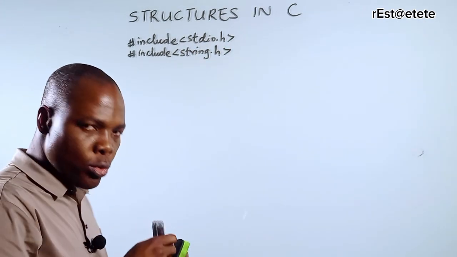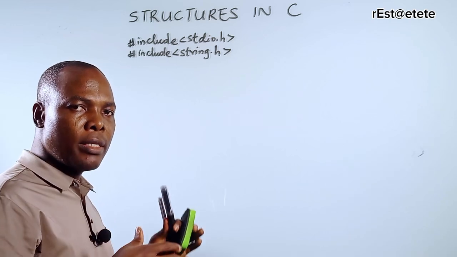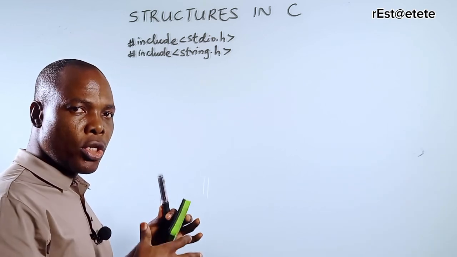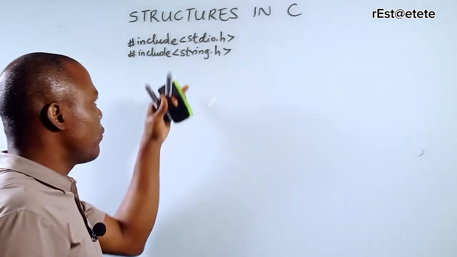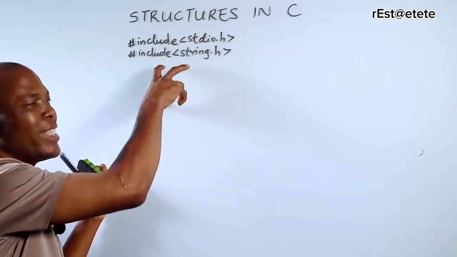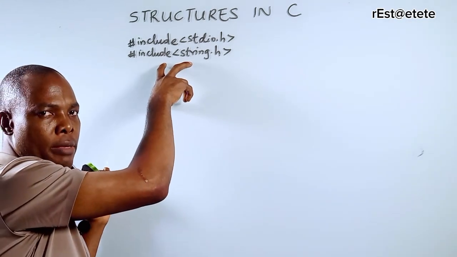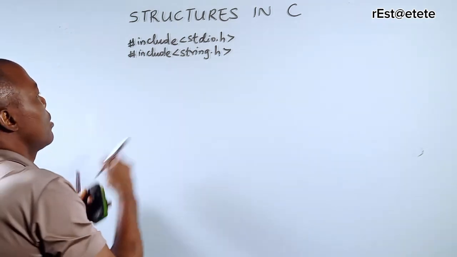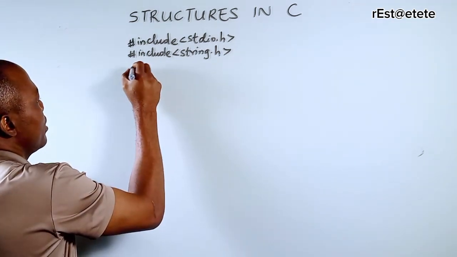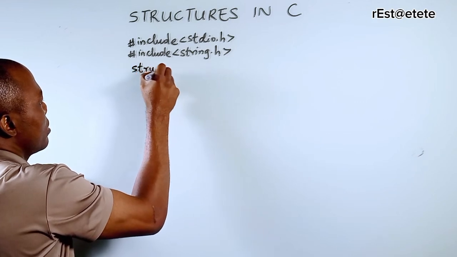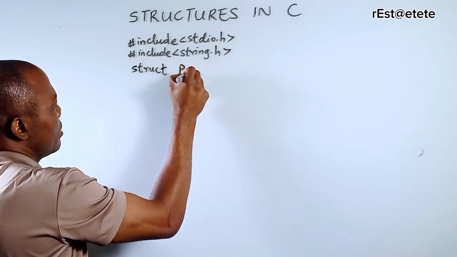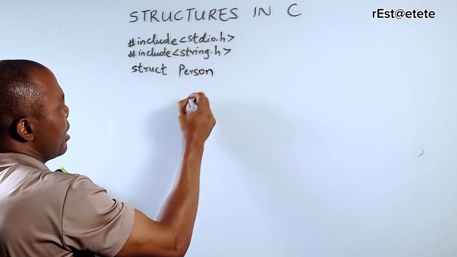So the first thing you do when you are writing a structure is a data type. You have to declare the blueprint before any function. So here I will say struct person, right?